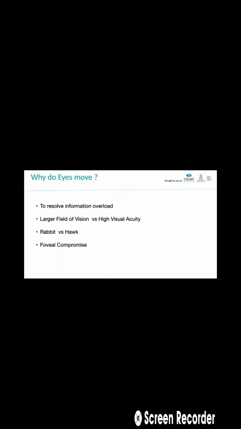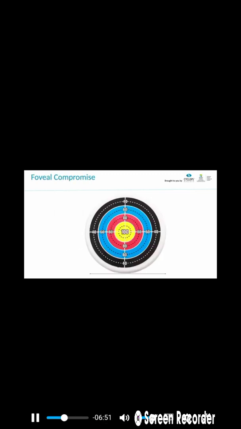The object of interest has to fall on the fovea, and the rest of the image is relegated to the low resolution retinal periphery. So if you see this archery board, if you want to score 100 points, you need to focus on the yellow circle, rather ignoring all other circles where you could hit your arrow or your gunshot.